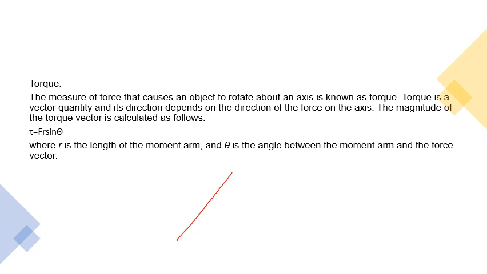Suppose there is a force in this direction, F. Similarly, force in the opposite direction is also F. So this will try to rotate, and this r is basically this distance.